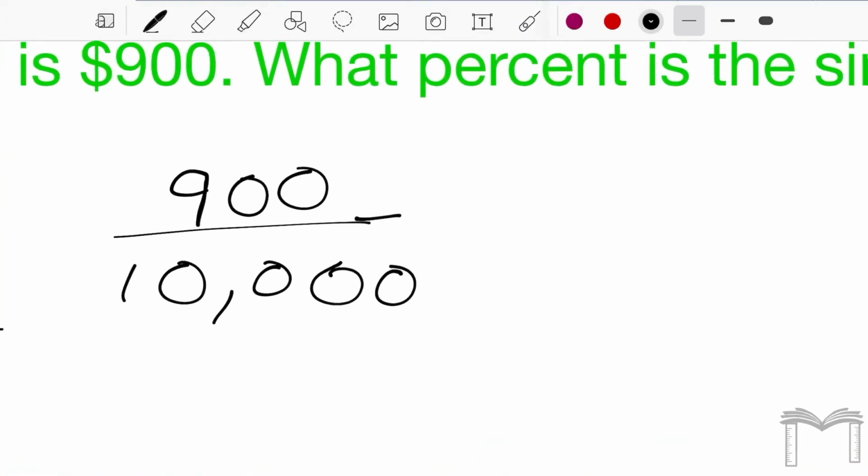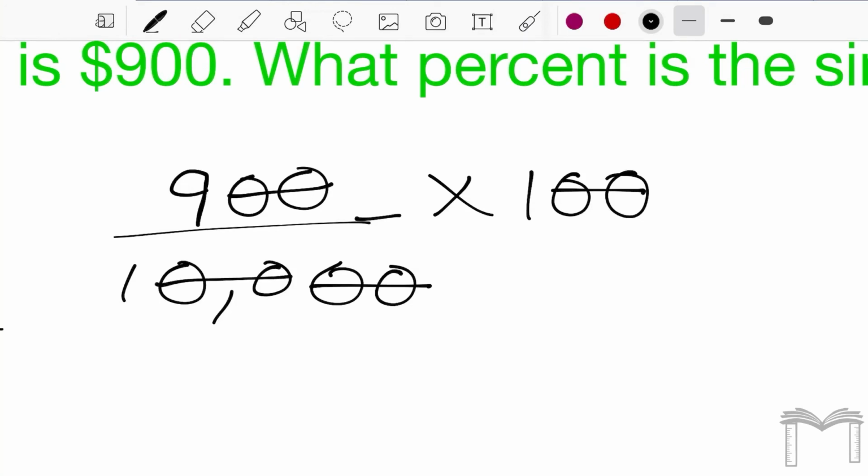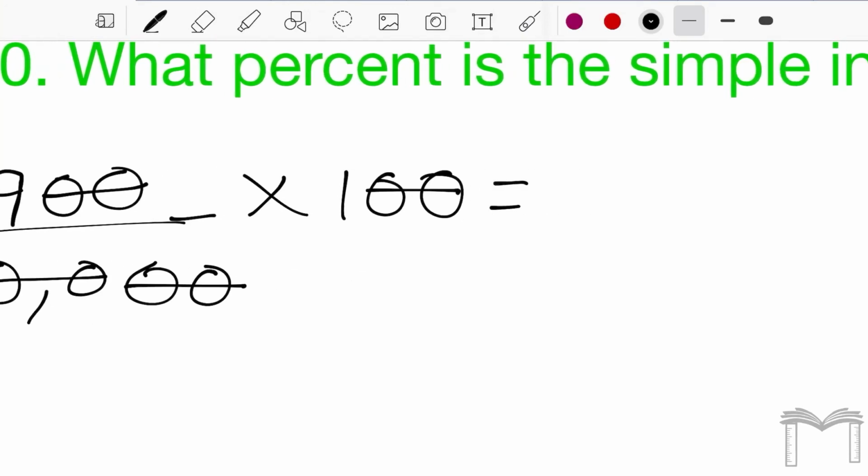We can multiply this by 100 to find this amount as a percent. Cancel the 2 zeros on top with 2 zeros below. 9 times 1 is 9, so that's 9%.